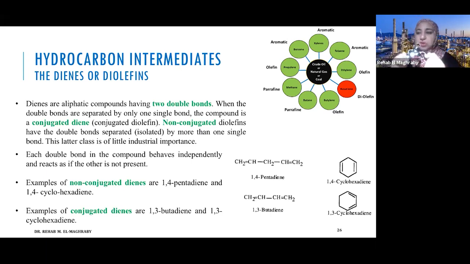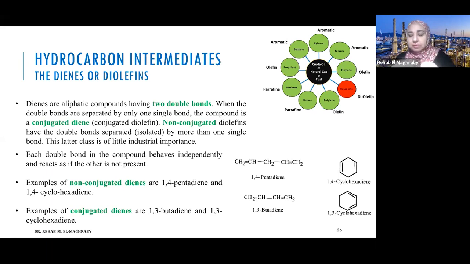This is called a conjugated diene. What is meant by conjugated diene is that the double bonds are separated by a single bond. The double bonds cannot be linked together, because you can have a double bond here and a double bond next to it. In that case, it is non-conjugated.